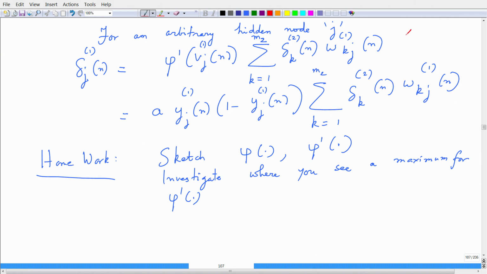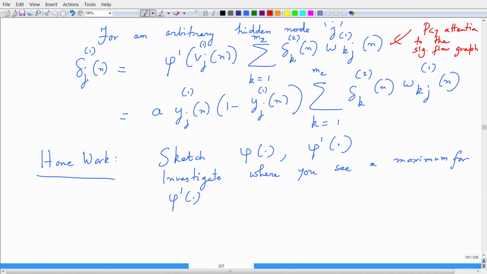So, just again pay attention to the signal flow graph as you do the computation, so that the layer numbers are all clear when you do the computations. But all we have to care about is the derivative of the activation function, because that is what we are concerned with at this stage.